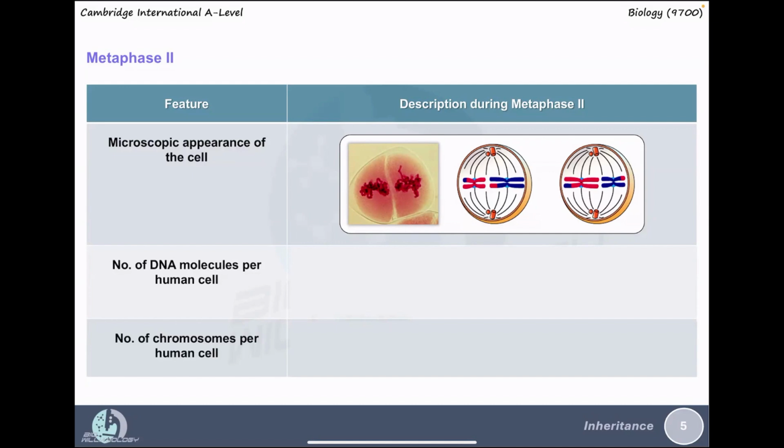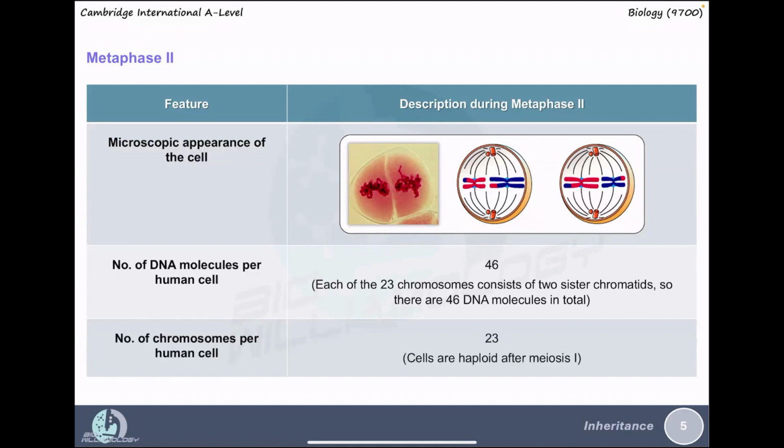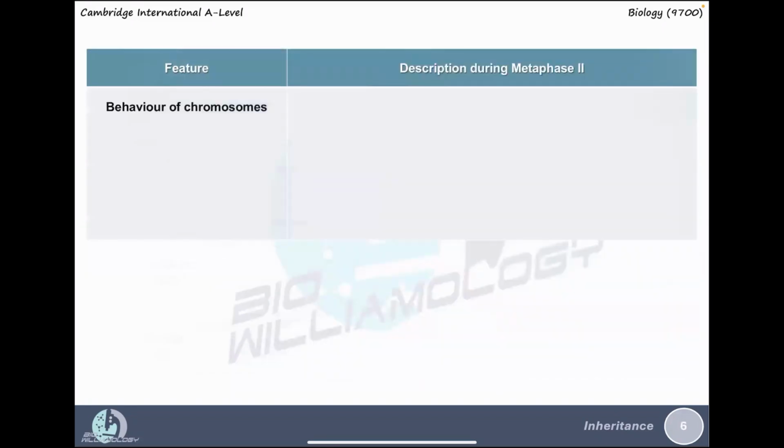You won't be able to see a nucleolus because it has completely disappeared, and the nuclear envelope is completely disintegrated. At this moment, how many DNA per human cell? The answer is still 46. And the number of chromosomes per cell, because this is meiosis 2 and the cell is haploid, is 23 chromosomes per human cell.